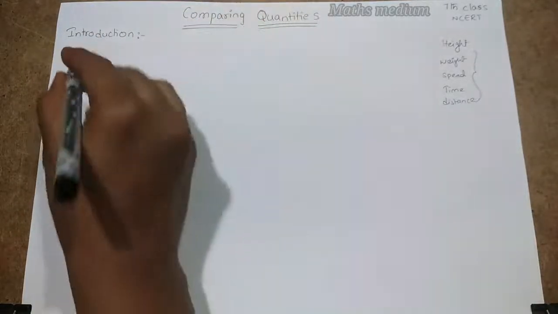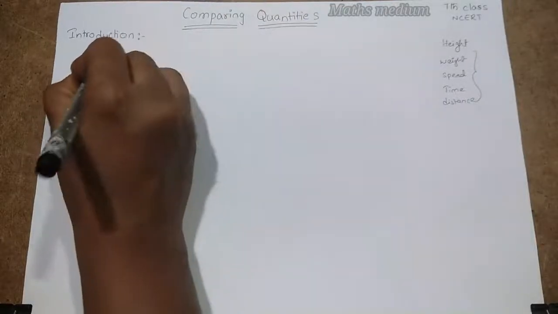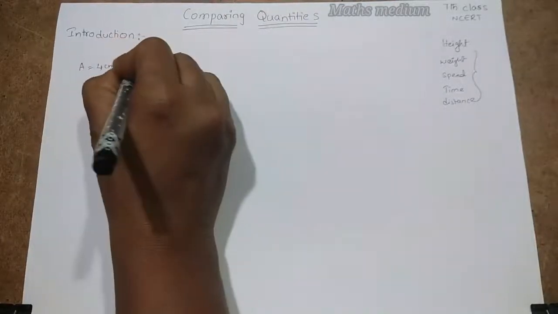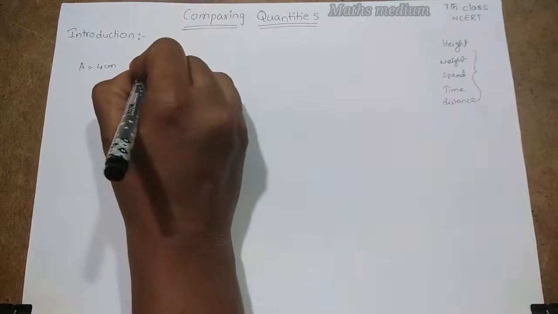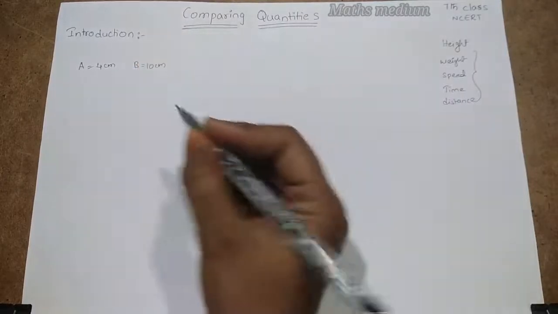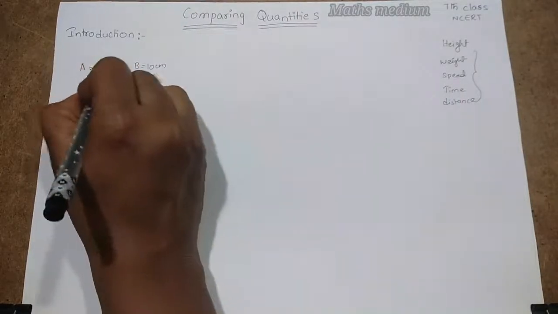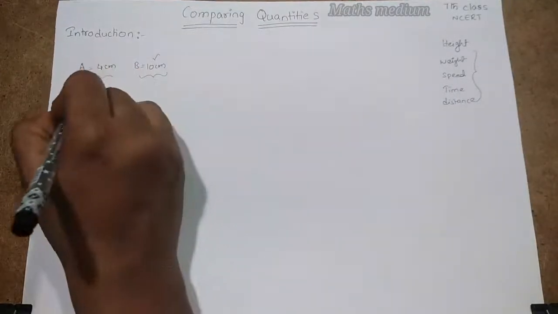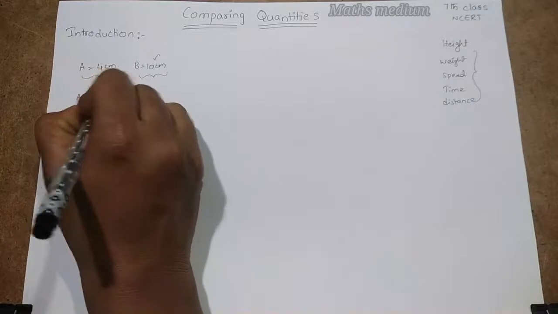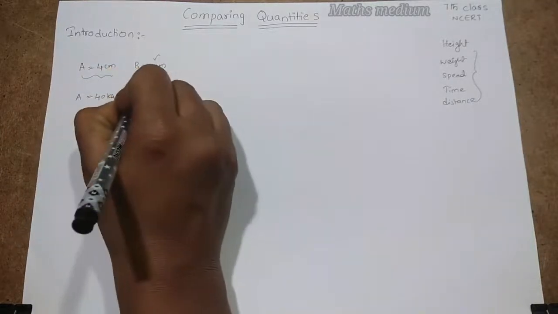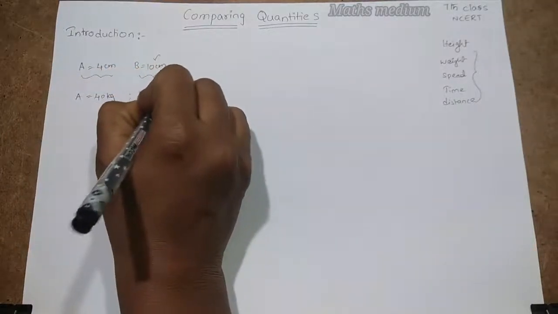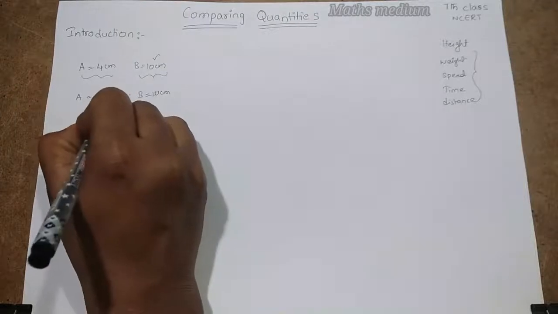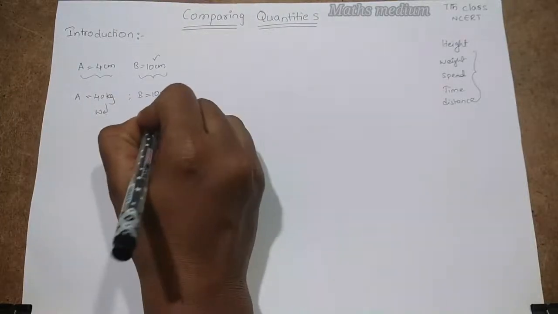For example, A has a height of 4 centimeters, B has 10 centimeters. Okay, we can compare. Who is the tallest one? He is the one. If A has 40 kgs weight and B has 10 centimeters height, this comes under weight and this comes under height.